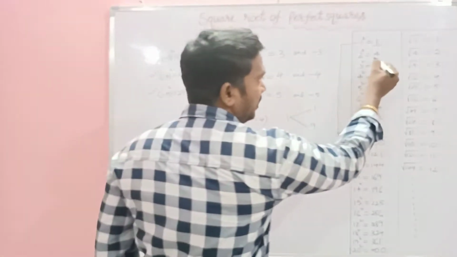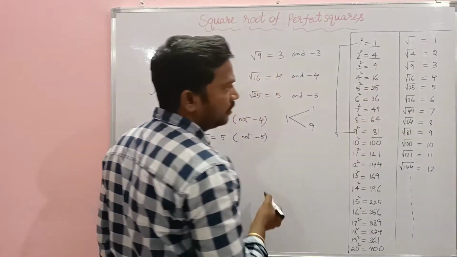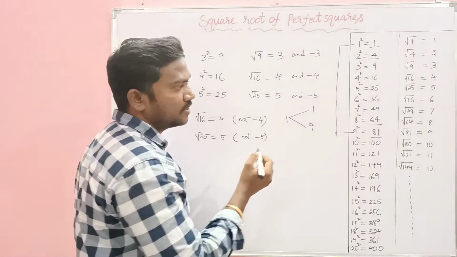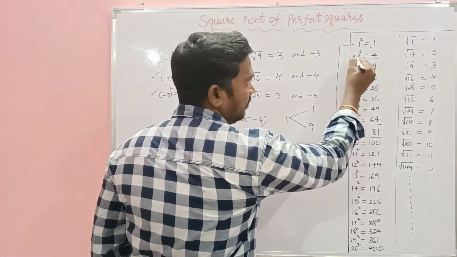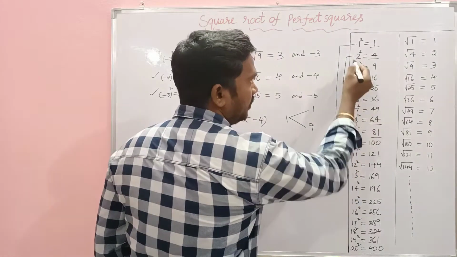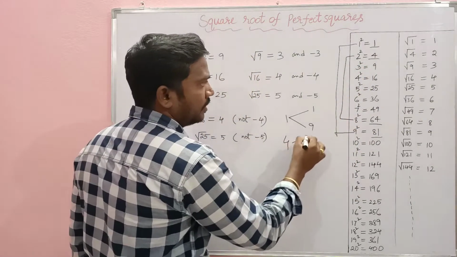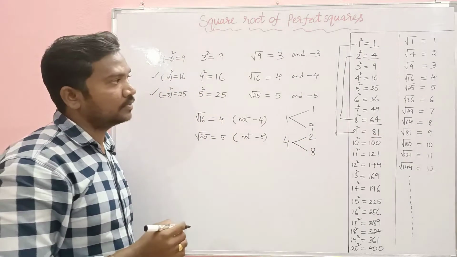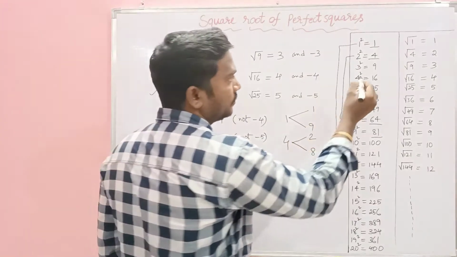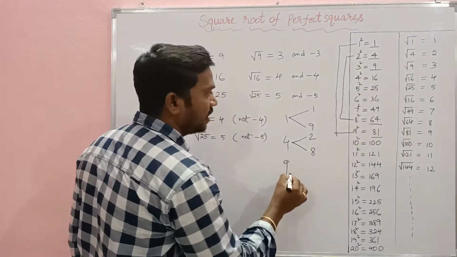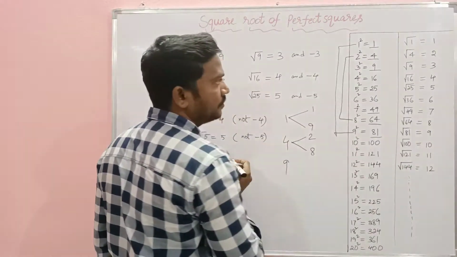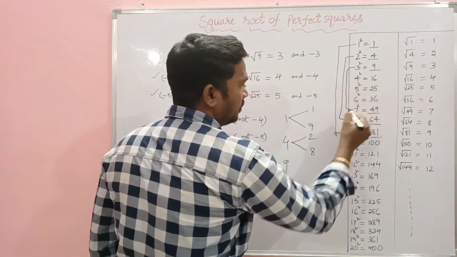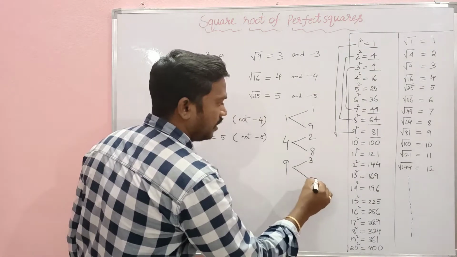Similarly, if the number ends with the digit 4, the units place of the square root of that number is either 2 or 8. Similarly, if the number ends with the digit 9, the units place of the square root is either 3 or 7.